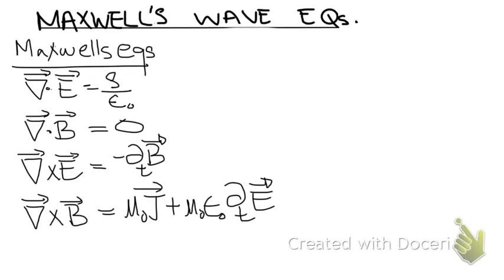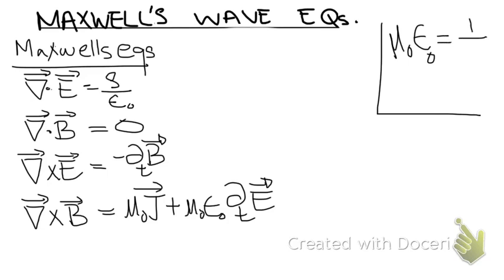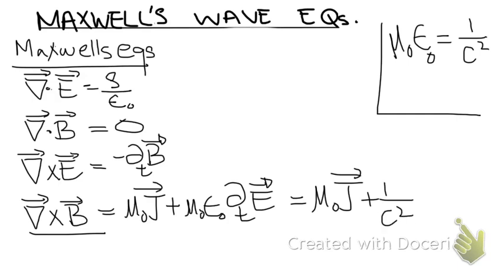Now I'll use the fact that mu naught epsilon naught is equal to 1 over c squared, right? So once I do that, I can write the curl of B as mu naught J plus 1 over c squared times the time derivative of my electric field E.